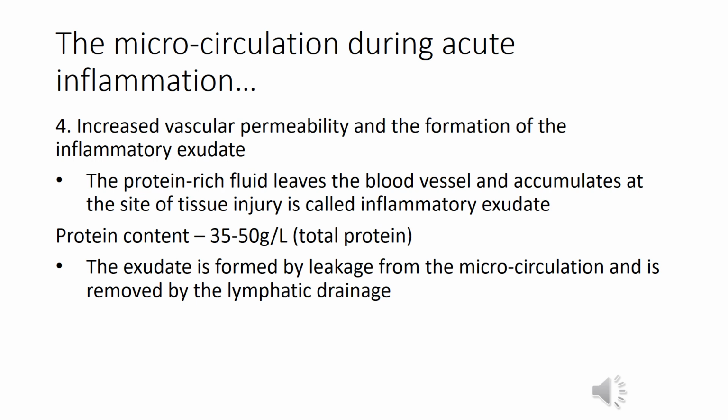And so you should be starting to think about the differentials of those things that can cause inflammation. If the protein level is less than 35, that is a transudate, and therefore you should be thinking of differentials that cause non-inflammatory edema. That is important for you as a clinician.